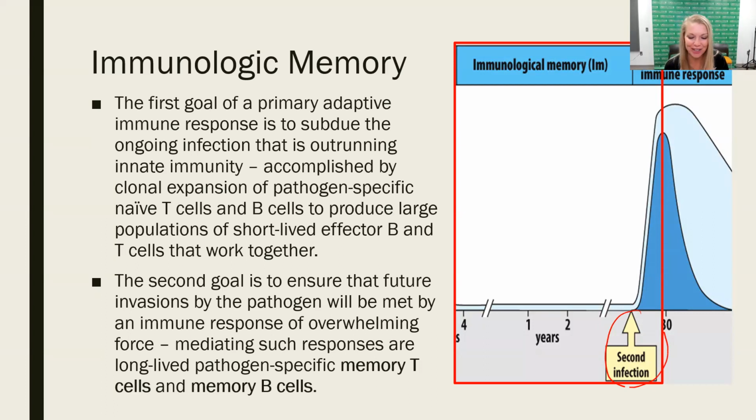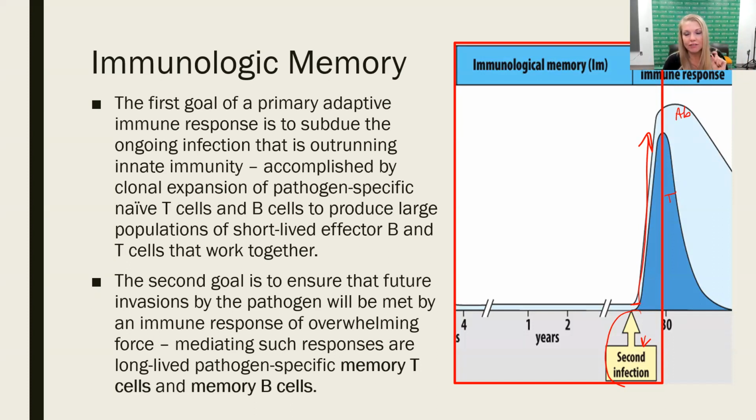Now, the second goal then is to take some of those effector B cells and effector T cells, make them differentiate into memory B cells and memory T cells, so that once they are infected or activated again, we don't have that long lag time. Look at the difference in time between the second infection and our rapid increase of T cells and antibody. It's almost no time at all.